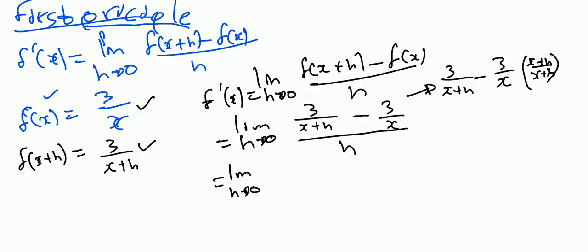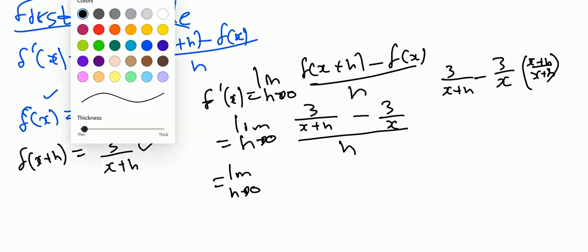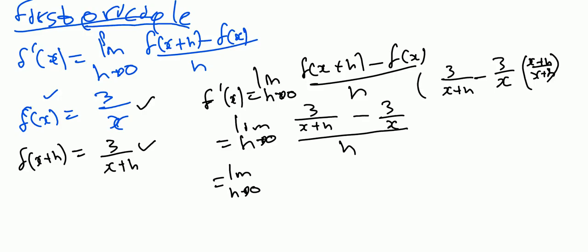Then in the other side, let me erase here. In the other side, we are going to multiply by x over x. Remember, there's nothing that changes here because x plus h over x plus h is equal to 1. That means there are no changes.